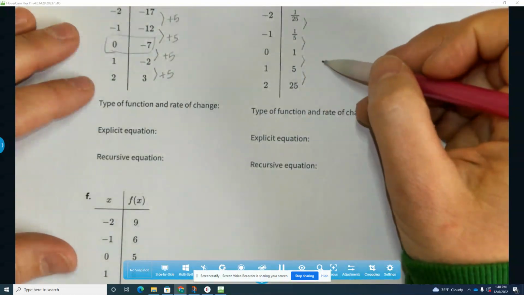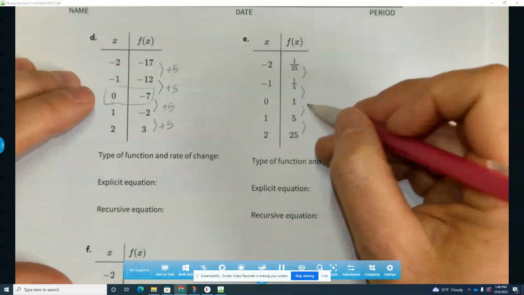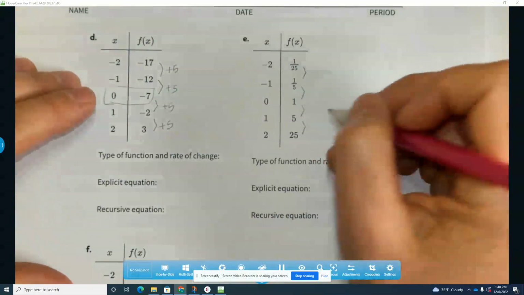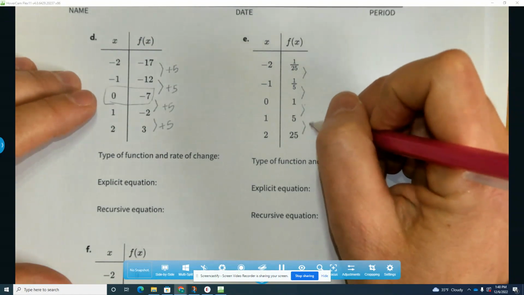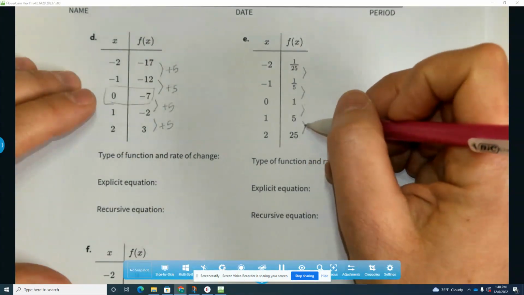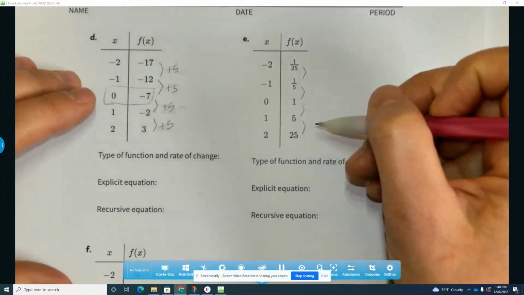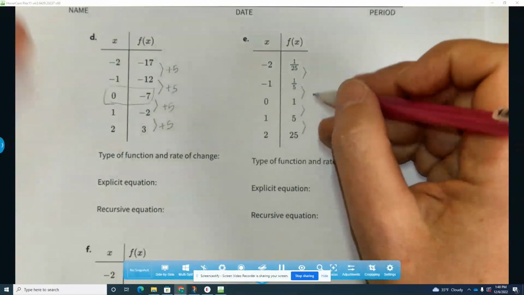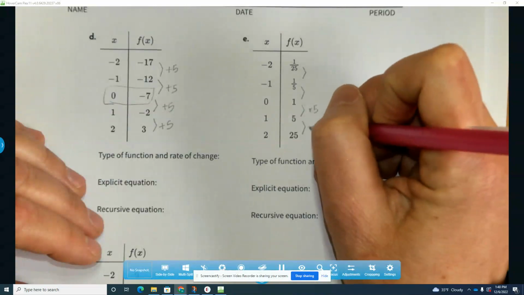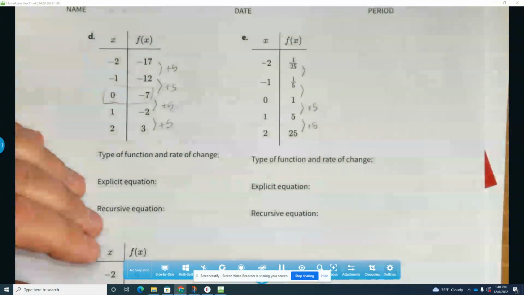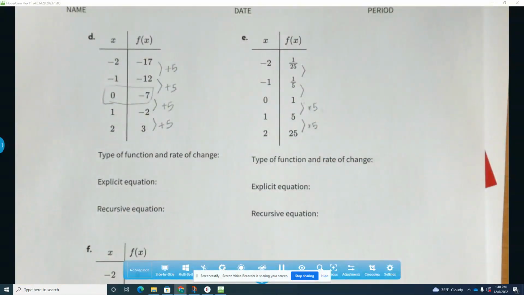But as you go down a little further, from 1 to 5, you can either look at it as a plus 4 or a times 5, and then figure out from 5 to 25 which one works. Is it a plus 4 or is it a times 5? We can kind of see that it's a times 5, which makes it geometric, and I will let you figure that one out too.